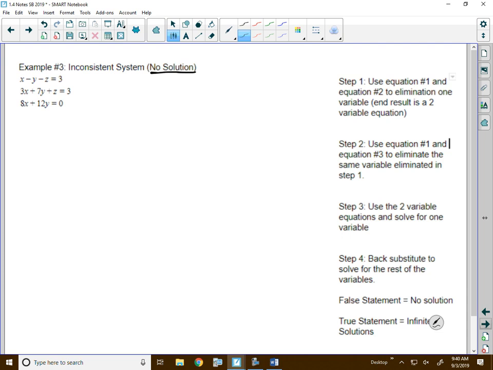Yeah, I want you to think about your process. Don't we always aim to get an equation that has 2 variables? Like in step 1 or step 2? So we're going to be able to skip step 2, which is really nice. Let's go ahead and do step 1. You're going to do elimination on equations 1 and 2. But before you start, what variable do you need to eliminate?